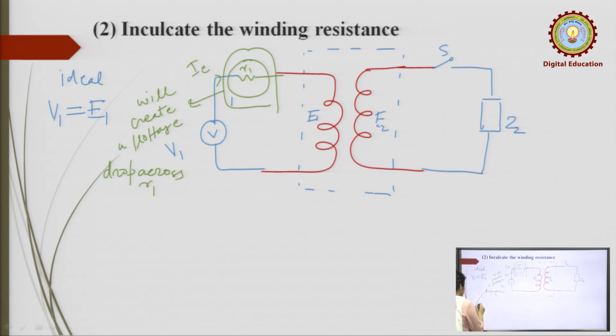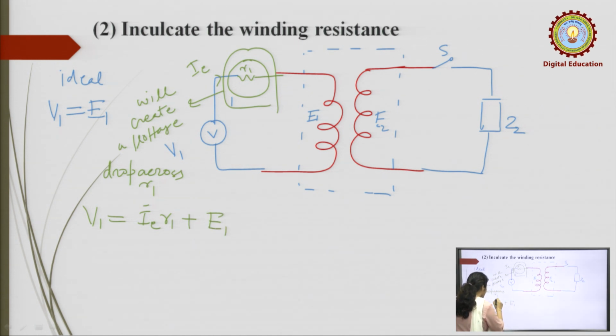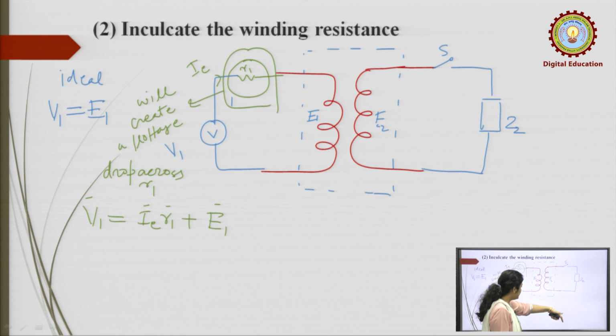So now V1 becomes equal to IE R1 plus E1, the phasor sum. We will see how this is incorporated into the phasor diagram.